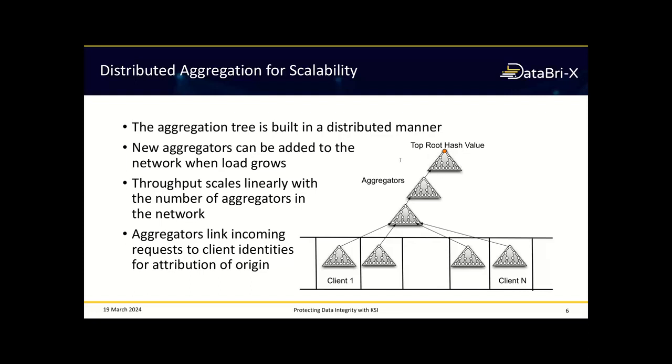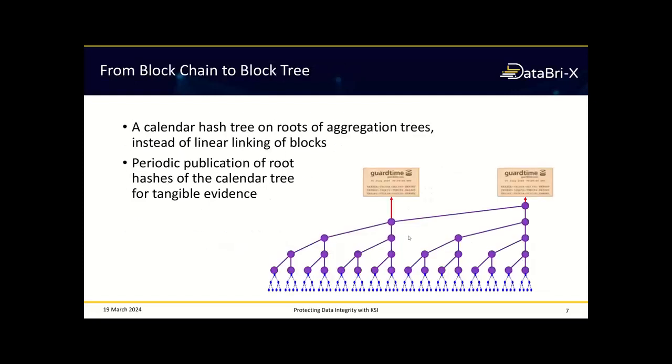The aggregation tree is built from scratch every second, and in the next round a new tree is built from the new requests received from clients during the next second. And those trees keep being built every second, and are linked together into what we call a hash calendar.